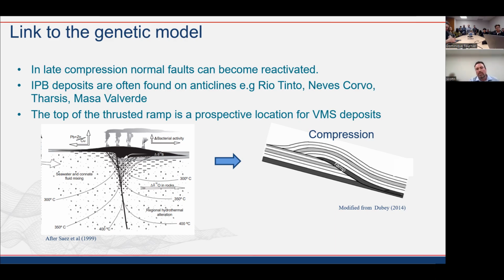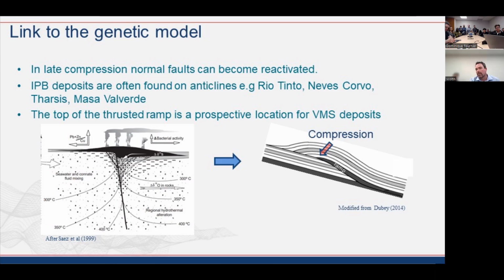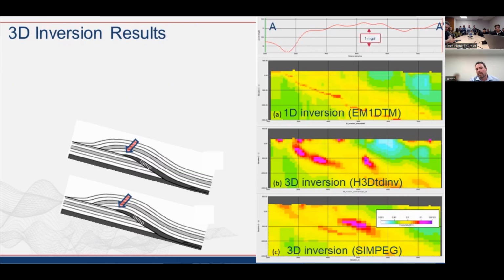They controlled the original deposition. If you look at these results, I think you can make a case that it really does look like a textbook thrust ramp situation, and this bright spot is appearing right on the end of that thrust ramp in this case, and here as well.